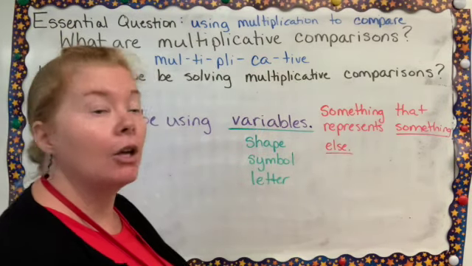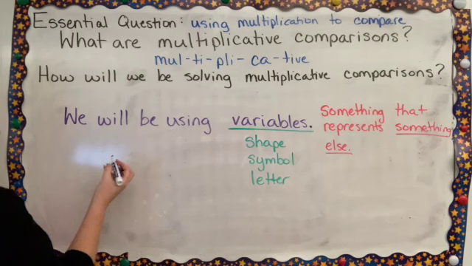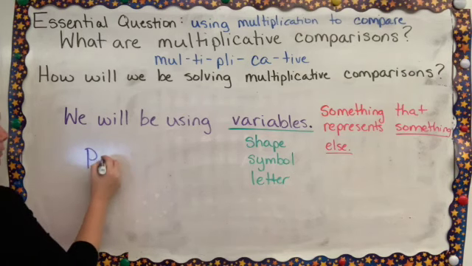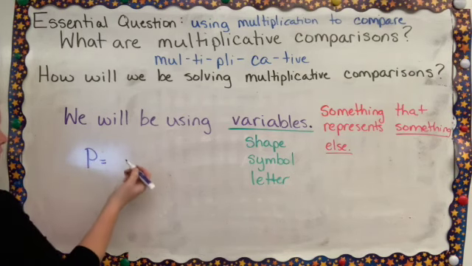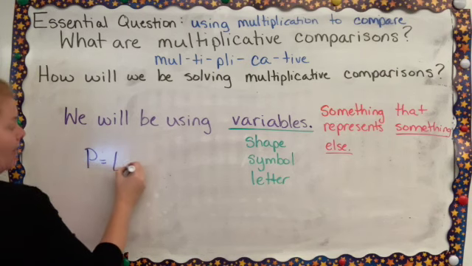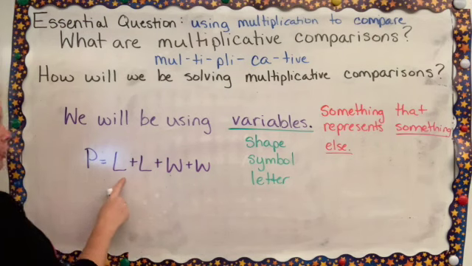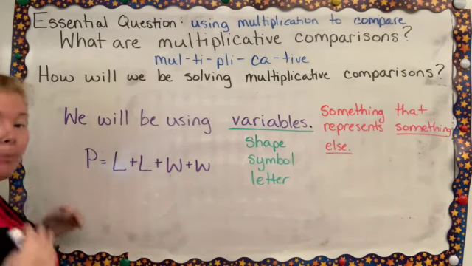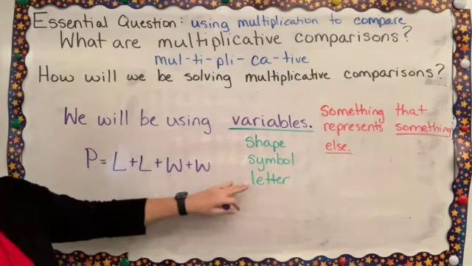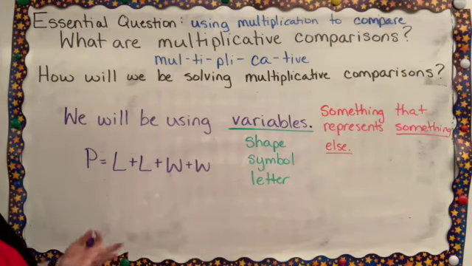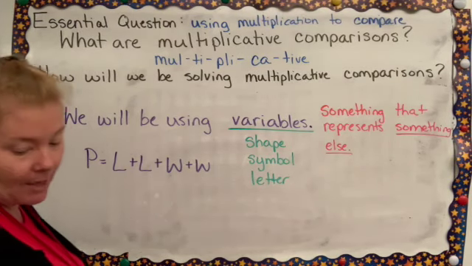So if you will remember, when we were doing our equations, we were doing perimeter, not a while back, just yesterday. Perimeter equals length plus width plus width. We were using letters to represent numbers, and we're still going to be doing that, except this time we might say something like this.